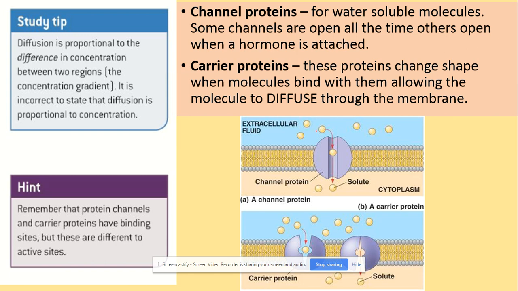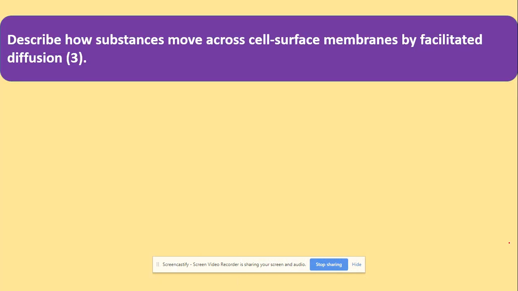So this is the channel protein, as you can see a little corridor here, so that's a channel, and carrier proteins will pick up one molecule from one side, change shape and release it on the other side.